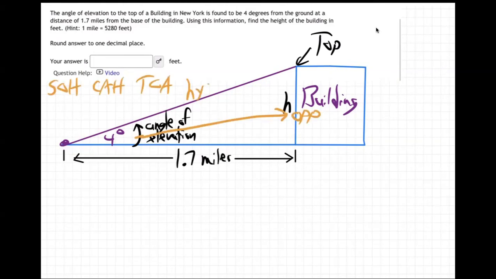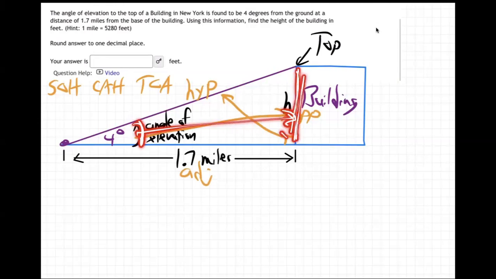This is our right angle, and the hypotenuse is across from the right angle. So that means this side down here must be the adjacent. Is that making sense? I took the 4-degree angle. This side over here is the opposite. This is the hypotenuse. The hypotenuse is always across from the right angle. That leaves this as the adjacent.